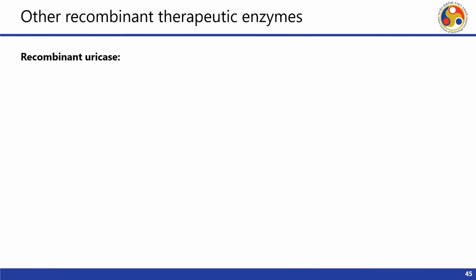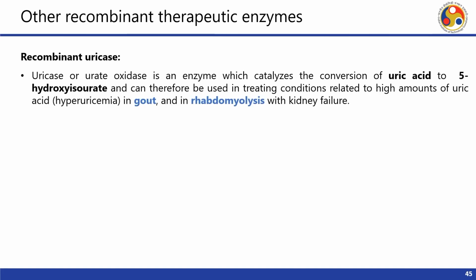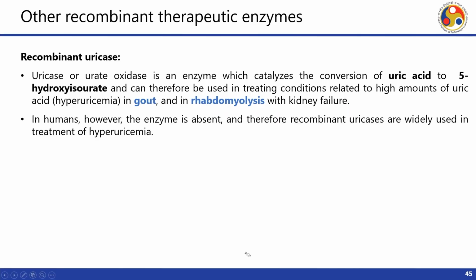Apart from these, there are many other recombinant therapeutic enzymes like recombinant uricase or urate oxidase, which is an enzyme that catalyzes the conversion of uric acid to 5-hydroxyisourate and can therefore be used in treating conditions related to high amounts of uric acid, in gout and in rhabdomyolysis with kidney failure.